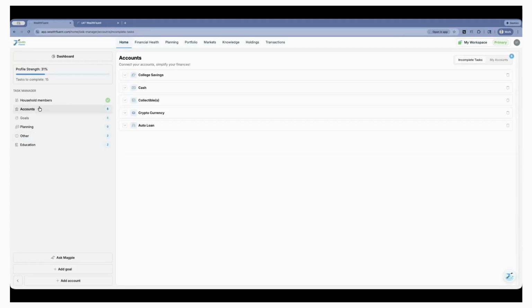And so after you have gotten through adding everyone in the family unit, what we call household members, you go through the process of filling in all of your accounts. And these accounts that will be listed as tasks here are ones you self-identified as having in your wealth portfolio.